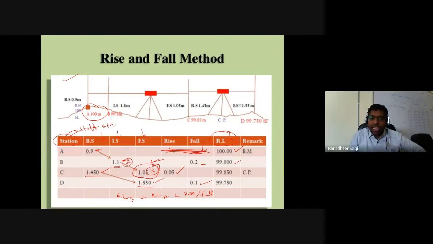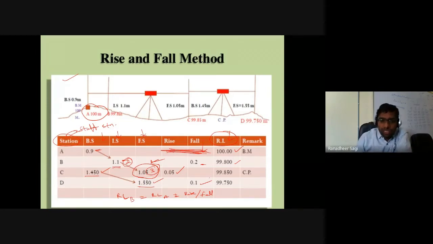If it is a rise, we will use the plus symbol. If it is a fall, then we'll use the minus symbol, because when we calculated the difference between the previous staff reading and the next immediate staff reading, whatever difference value we got, we represented it as either rise or fall. The same value we are going to add there.